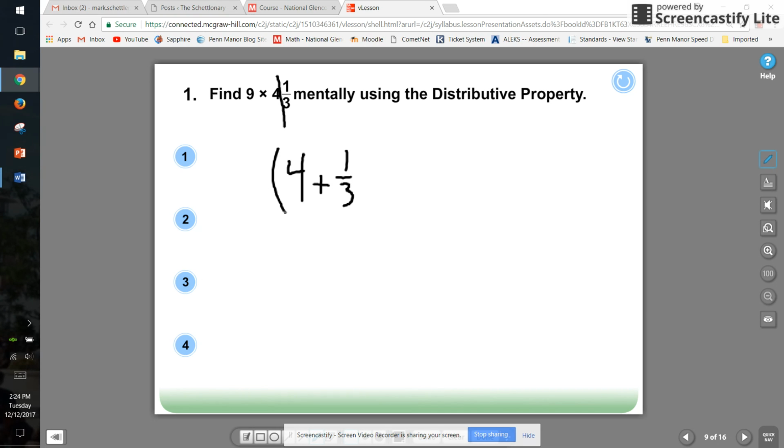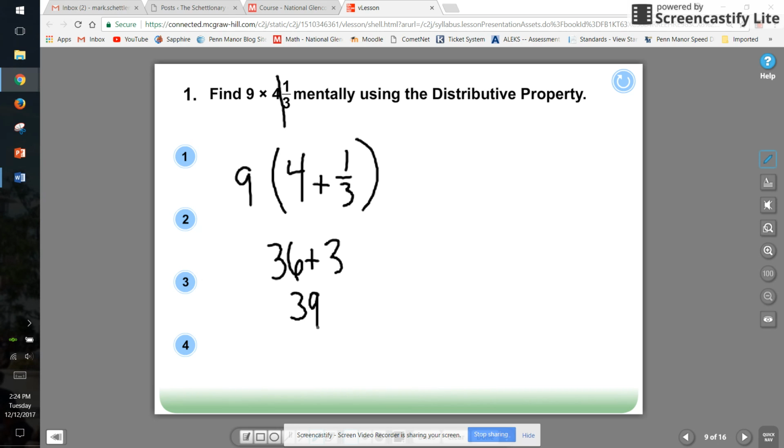And if I'm using distributive property, I'm going to put that in a parentheses and multiply both of those pieces times 9. 9 times 4 would be 36, and 9 times 1/3 would equal 3. So I could say that this equals 39. And I did that all in my head, just breaking the numbers in 2.